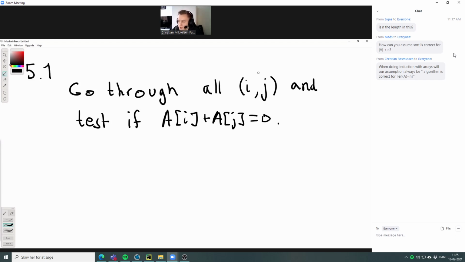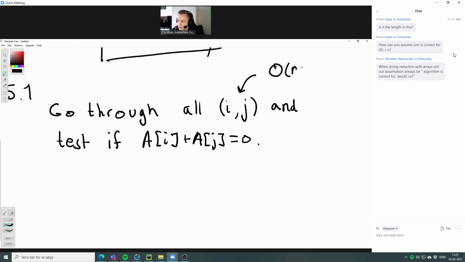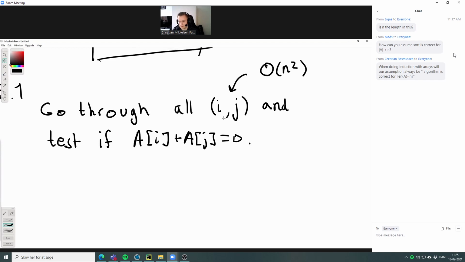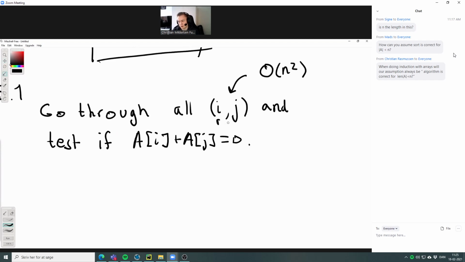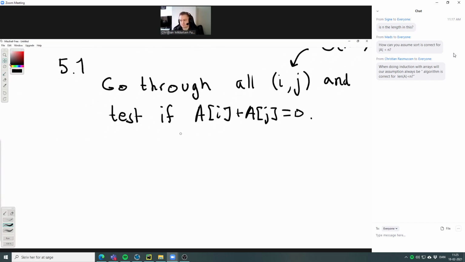And of course, because we go through all i, j, this runs in n squared time because there are n choices here and then n minus 1 here, because we don't choose the same element twice. So it becomes something on the order of n squared. I don't think there are any questions to that. Let's go to 5.2.